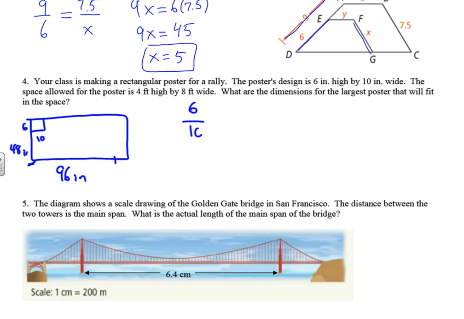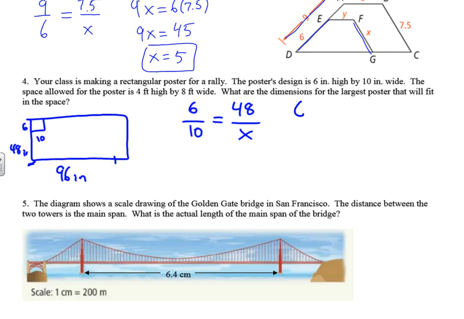So 6 over 10 is going to start off with 48 inches, so the 6 will fill the 48, and I want to know when that happens, how far will this other side go?